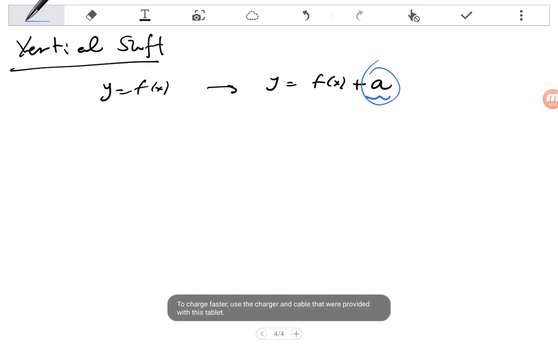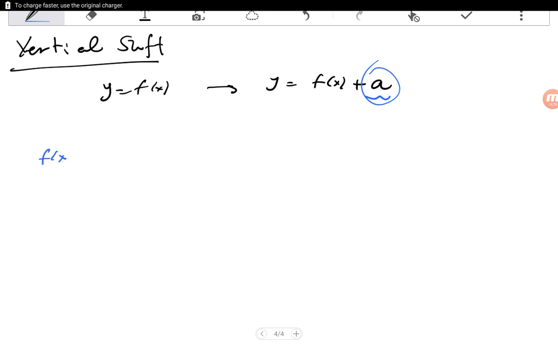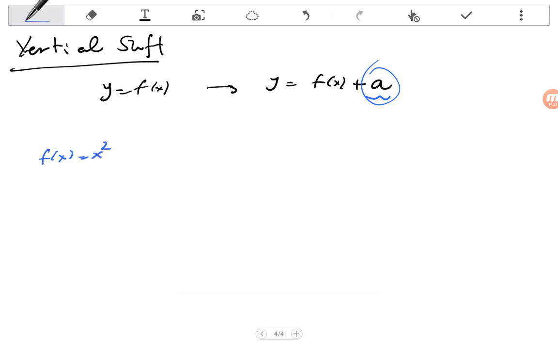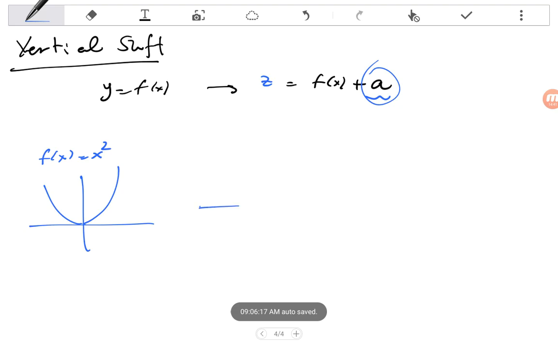For example, if I had f of x equals x squared, and I need to graph a function, let's make it g of x. Let's use different symbols.